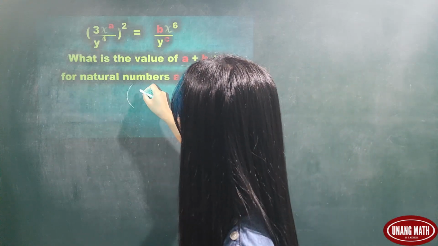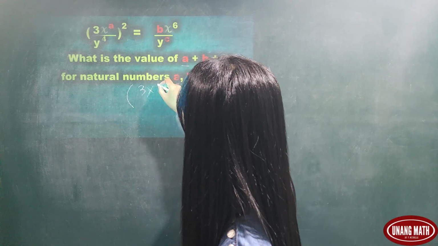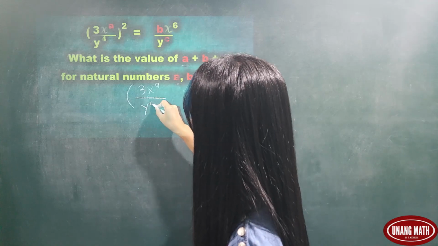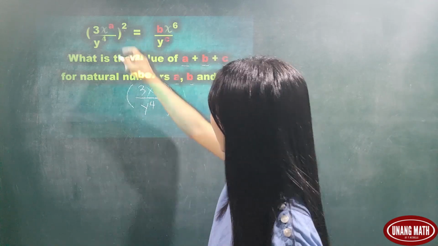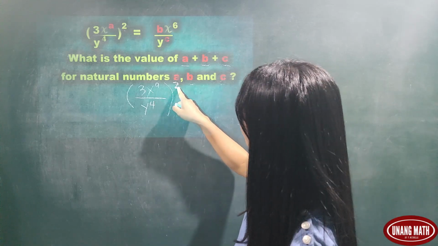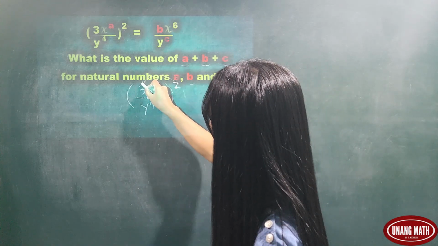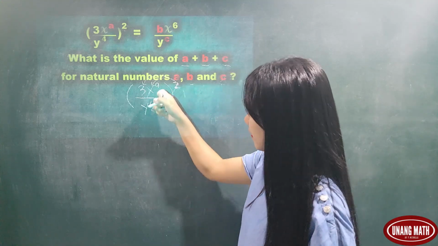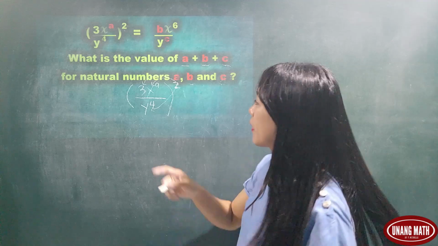First, let's get this one. We have here 3x raised to the power of a over y raised to the power of 4, and this is raised to the power of 2. So this exponent 2 must be distributed to each number inside the parentheses, the numerator and the denominator.